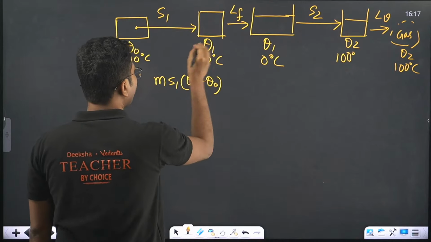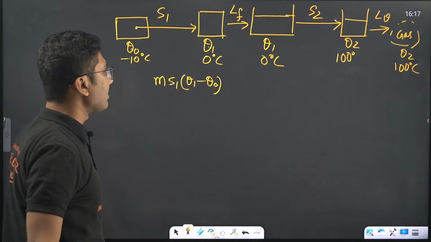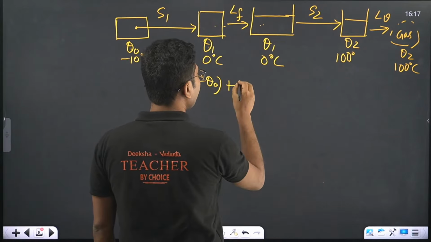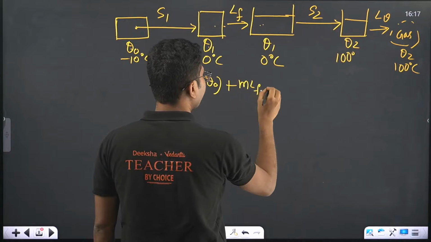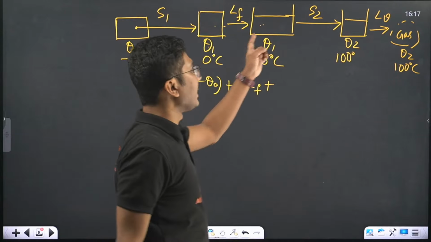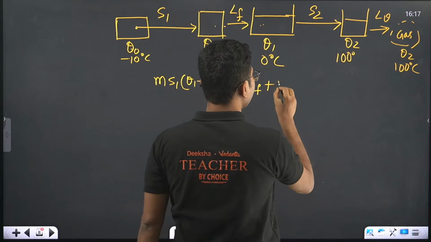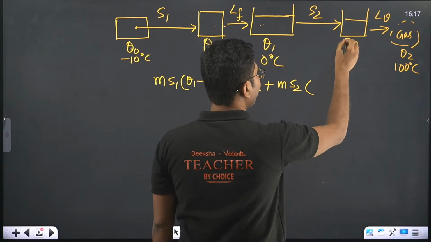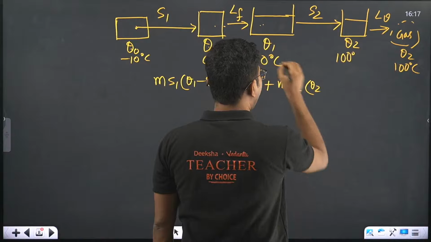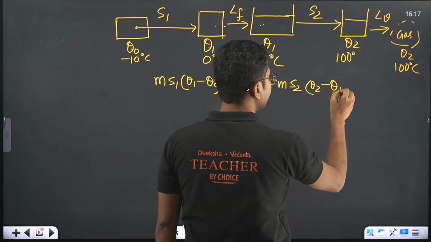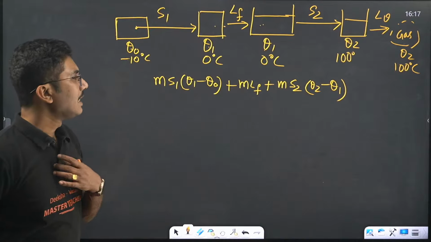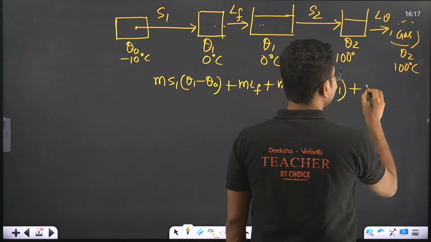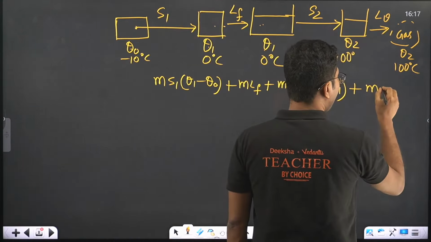It will always be higher temperature minus lower temperature, plus now you have to add the latent heat of melting, which is mLF, plus now you have to again add the heat required to heat the water, so mS2, where the final temperature is theta 2 and initial temperature was theta 1, so it will be mS2 times theta 2 minus theta 1. And last but not the least, it is vaporizing, so mLV.